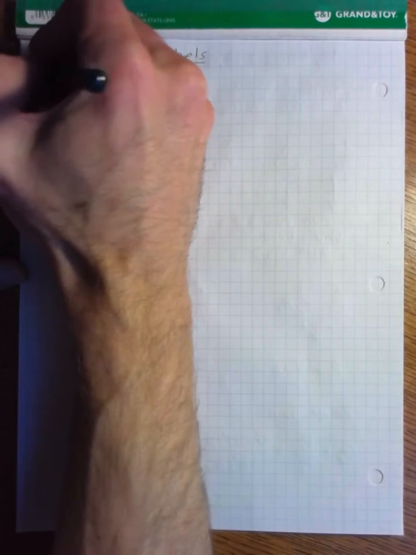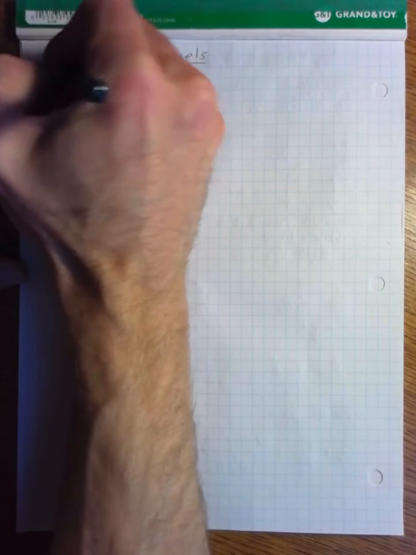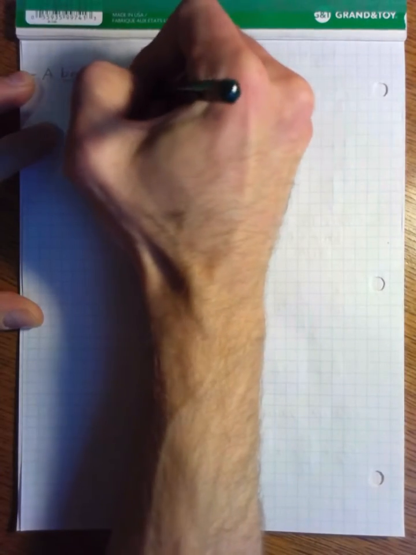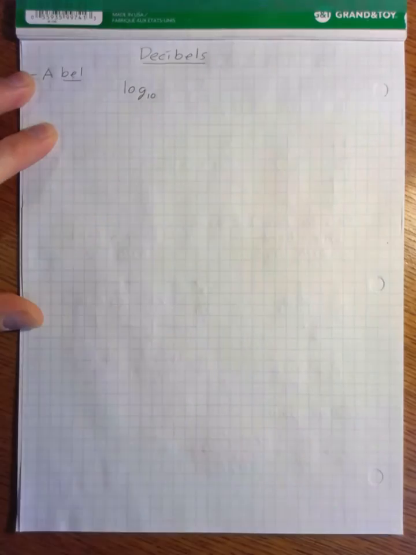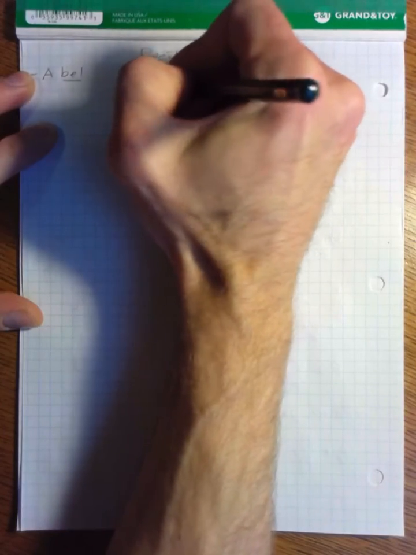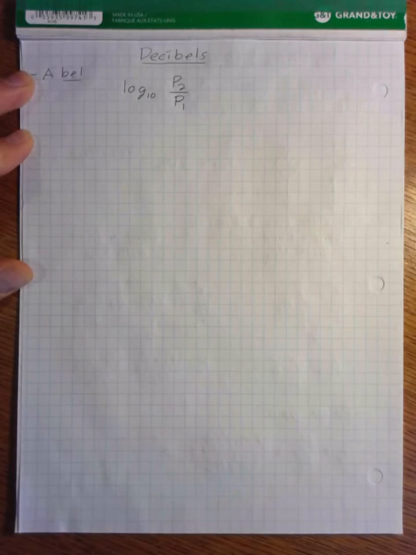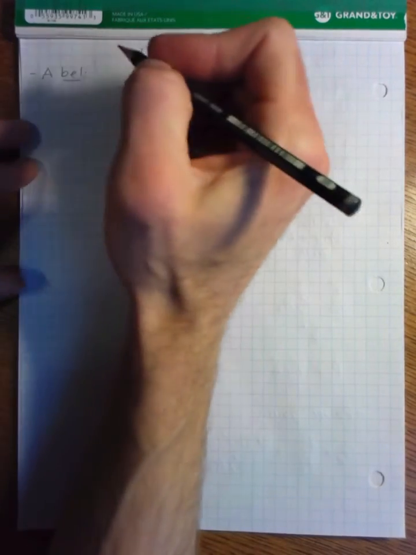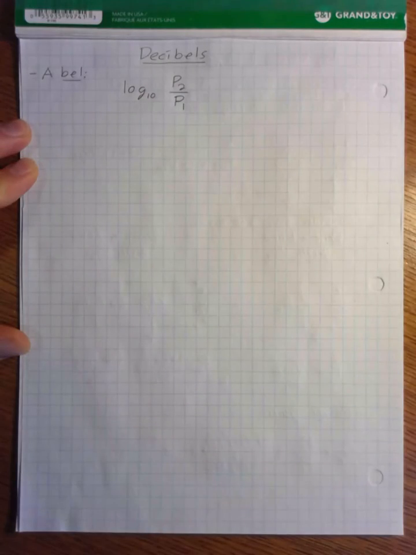So a bel is defined as the log base 10 of two powers, P2 over P1. That's the definition, and it's always a base 10 log. Don't use natural logs. So what's a decibel? A decibel is just 10 bels.